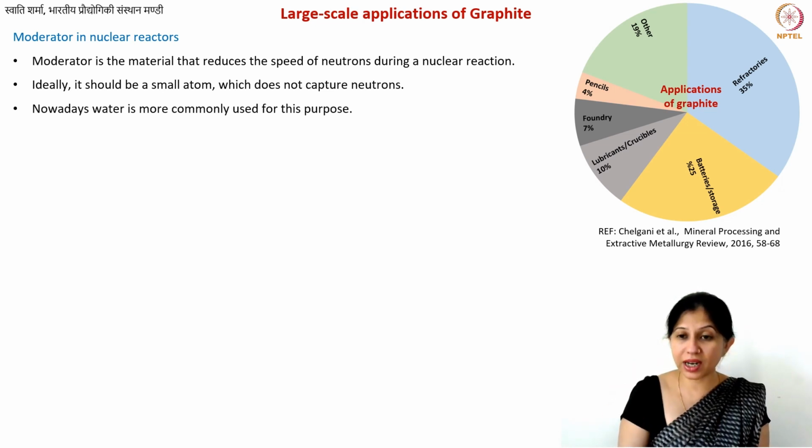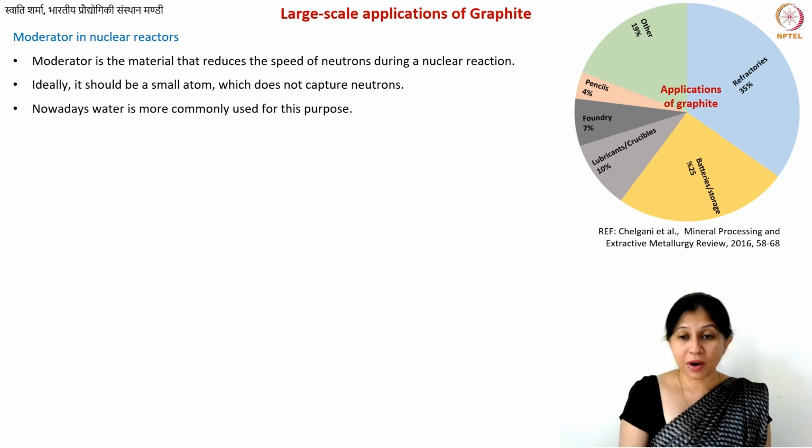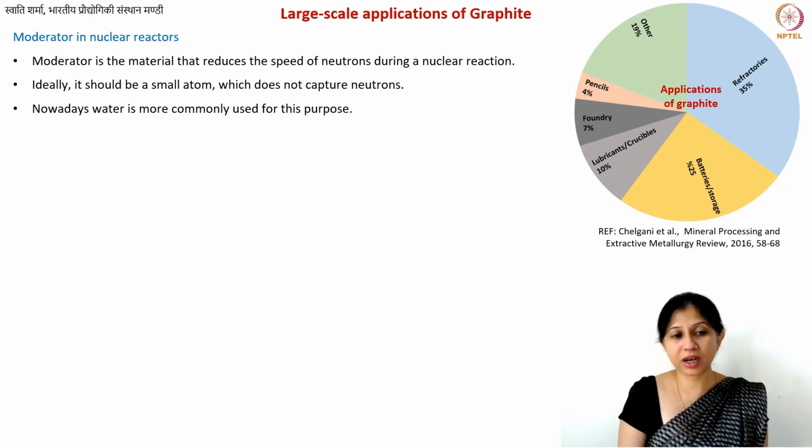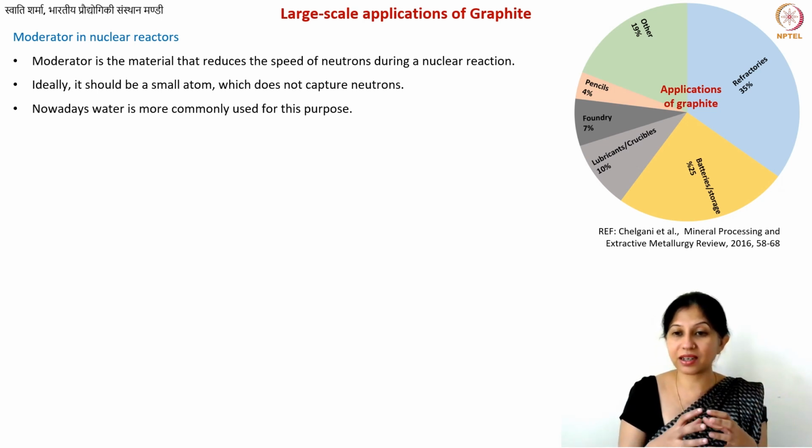Nowadays, however, a lot of nuclear reactors are using water, and there is a reason for it. If you read about the Chernobyl accident in Russia, which I will not discuss because it is not part of this course, there graphite was used as a moderator and the nuclear reactor caught fire, and unfortunately graphite also participated in that fire.